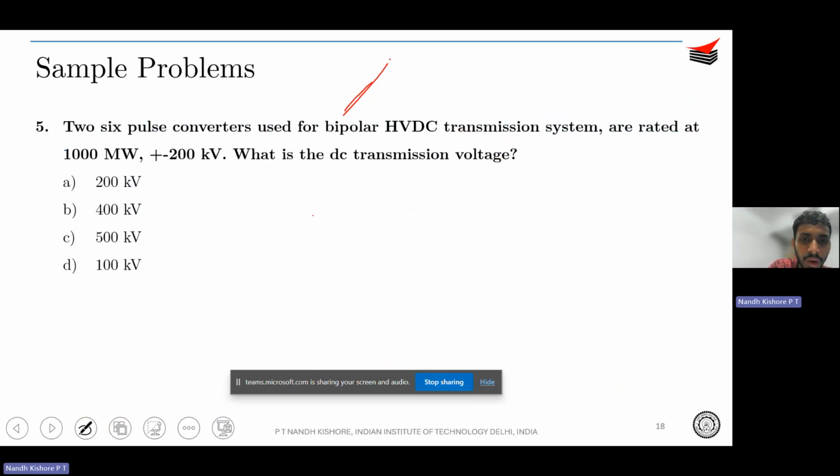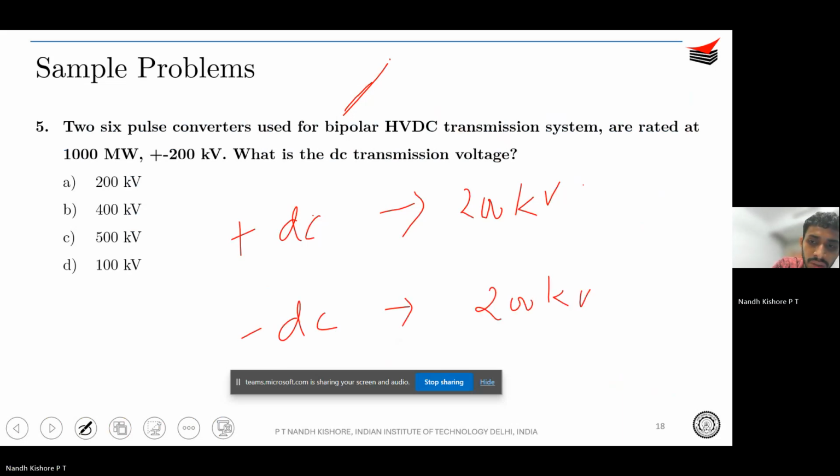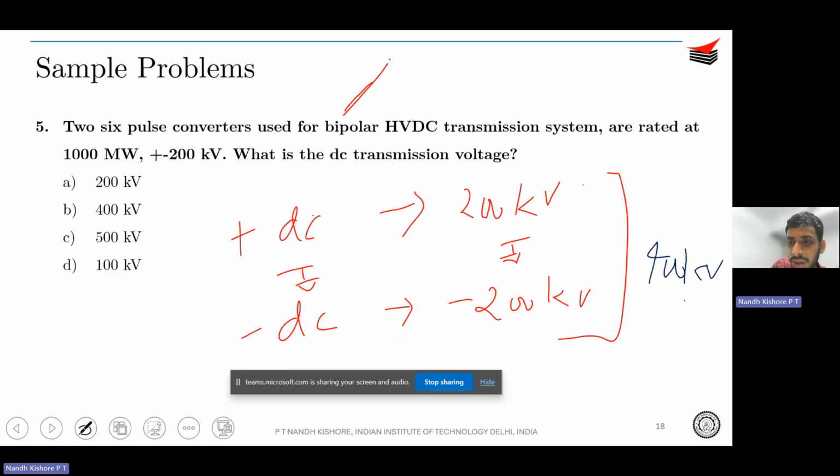It means the DC voltage is basically 200 kilovolt, that is, you have a plus DC and a minus DC of 200 kilovolt, and you have the ground over here. So what is the total voltage? It's going to be 200 minus of minus 200, so the total is going to be 400 kilovolt. So the answer is this. You have a plus DC of 200 and a minus DC of minus 200, so the total is going to be 400 kilovolt.